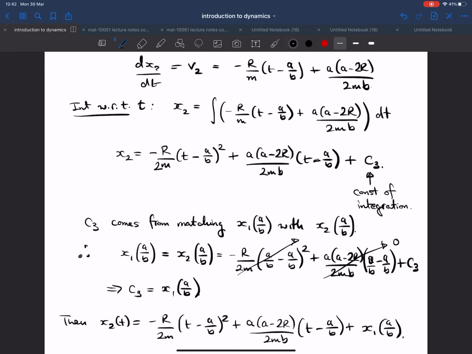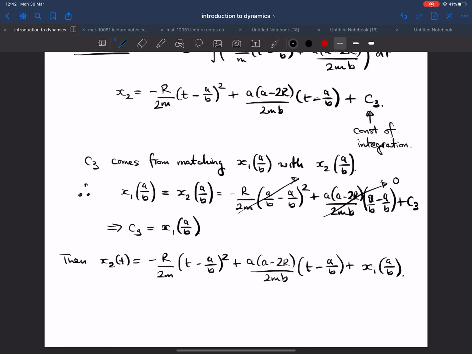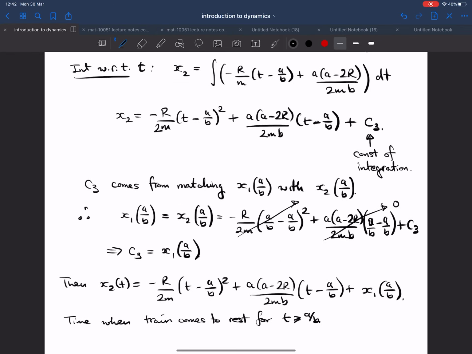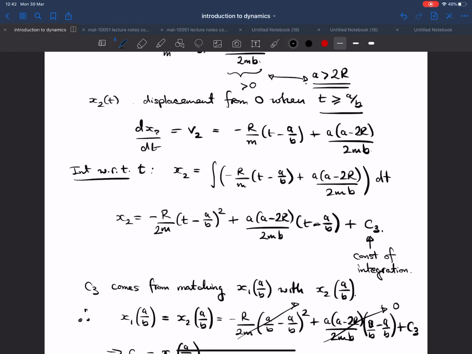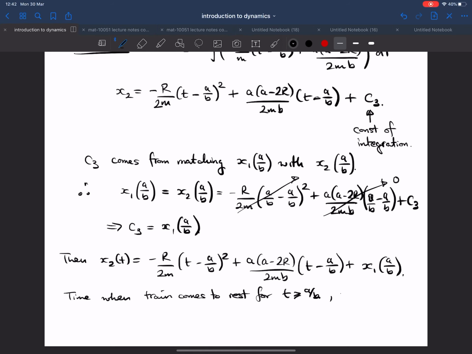Now, remember, when does the train come to rest? For t greater than or equal to a over b, our v2 should be 0.